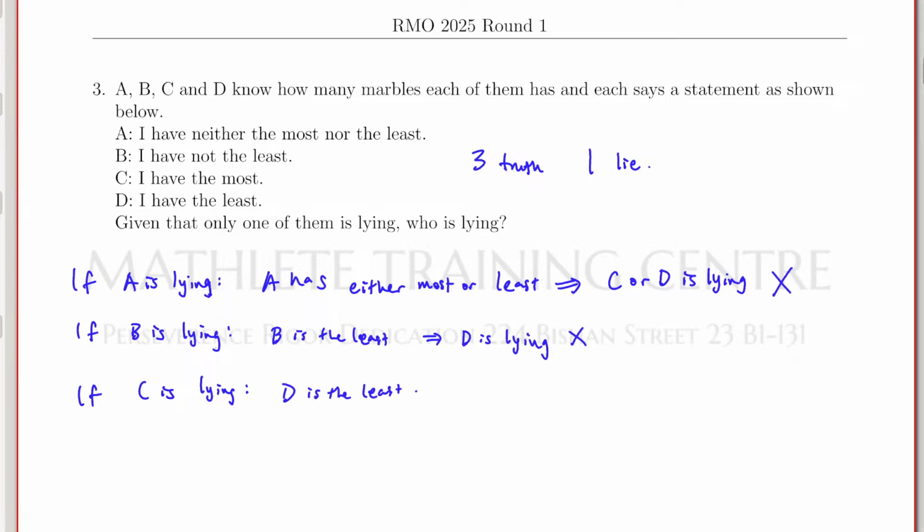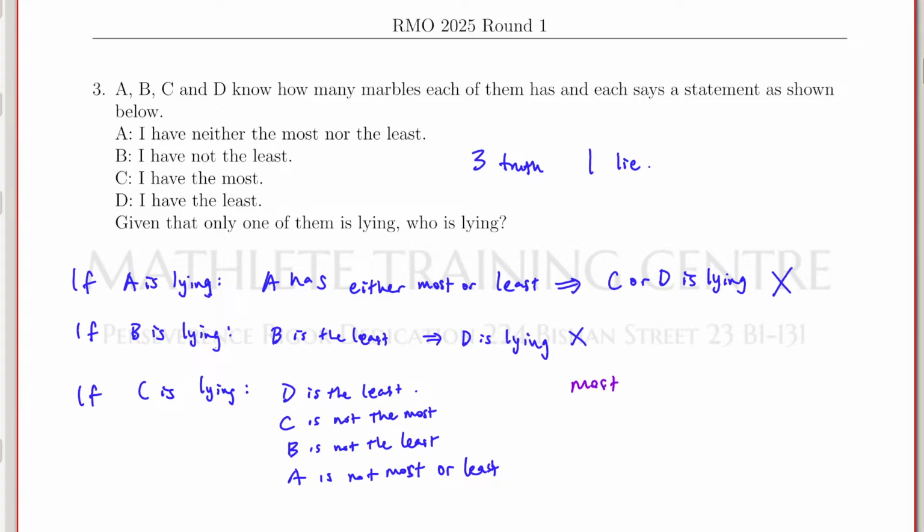C is not the most, and B is also not the least, and A is neither the most nor the least. So at the moment, it is not possible to find a contradiction. Actually, it means that this case is possible. For example, how do you do it in this case? It's just from most to least.